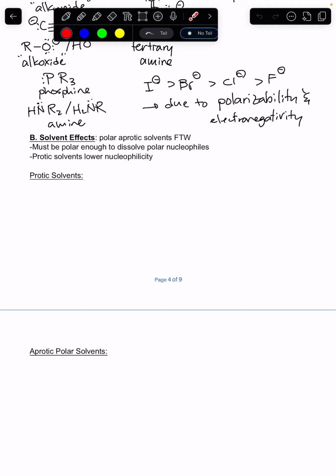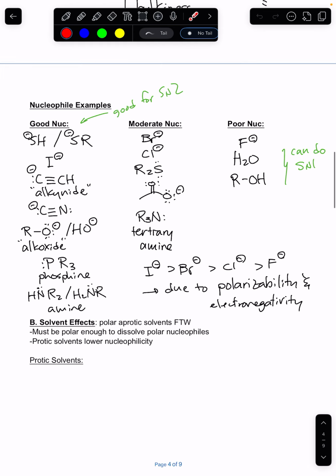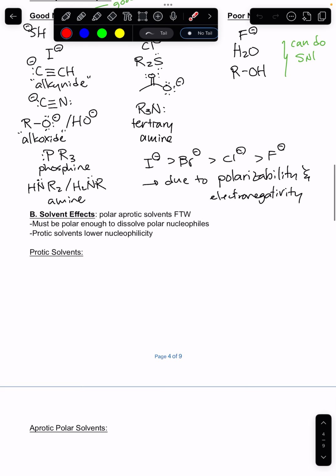The reason why it has to be polar aprotic solvents that are good for SN2 is that the solvent molecules have to be polar enough to dissolve the polar nucleophiles. If you think about all the good nucleophiles, all of these are actually really polar molecules, and so for that reason the solvent has to be sufficiently polar to dissolve those polar nucleophiles. And if you have a protic solvent, that would lower nucleophilicity for the reasons we'll discuss in a second.